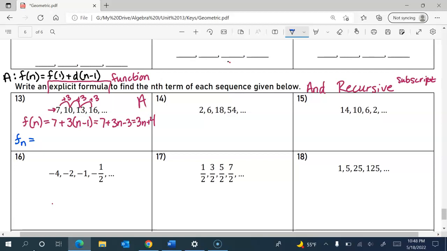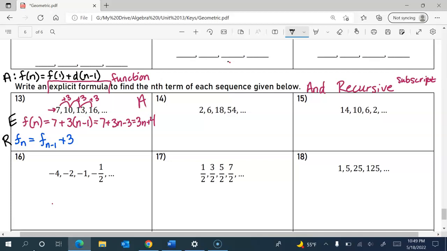So since recursive formulas only relate to the term before it, since this is arithmetic and we know that we're adding 3 each time, you really only need to write f sub n minus 1, my previous term, plus 3. Right? That's all we're doing to each term, because we're adding 3 each time. So this was explicit, this was recursive. And that's what it's asking for. I know I added the recursive part, but we need to get practice with it, okay?